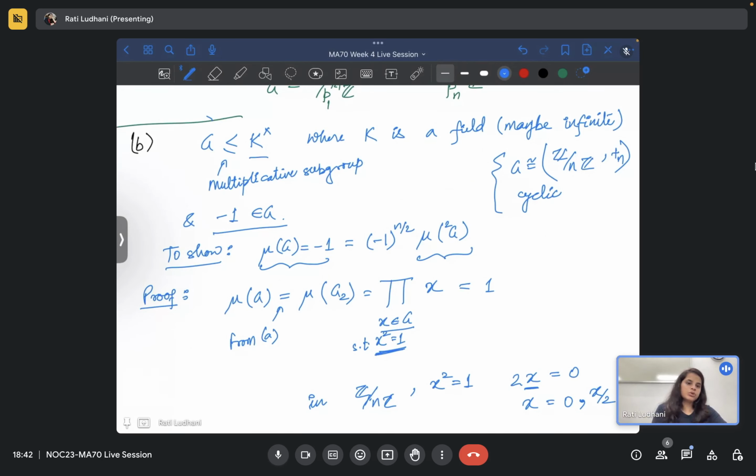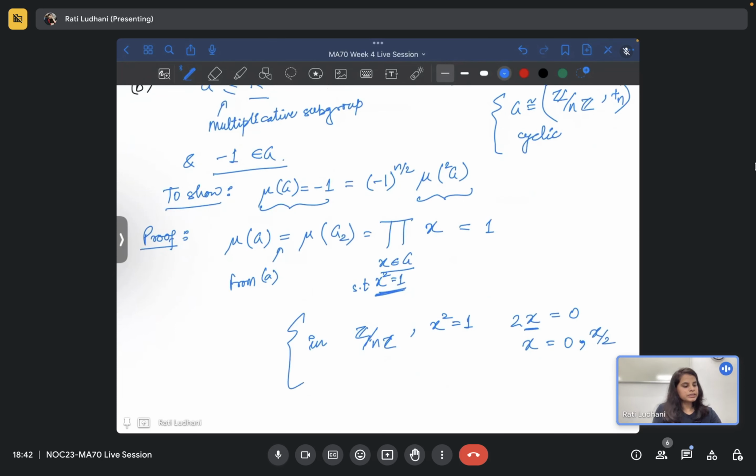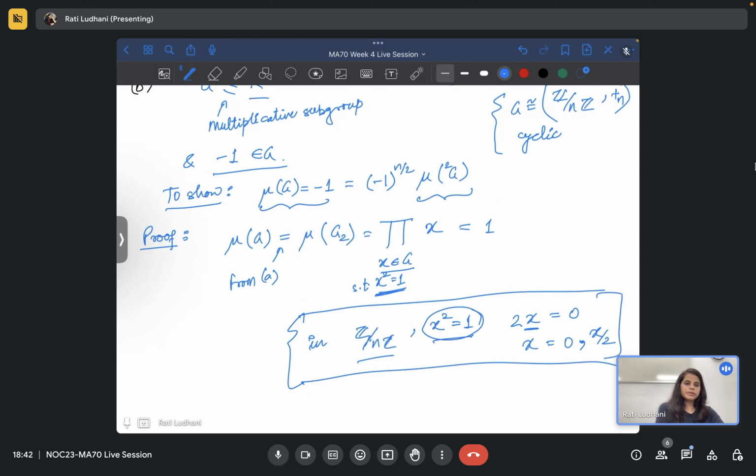We can define the isomorphism generator-wise, and from that, in Z mod nz, x square is equal to 1 will be thought of as 2x is equal to 0, because this is the additive identity. This is x dot x, so the operation will now be plus, so 2x is equal to 0. Then either x could be 0 or x by 2.